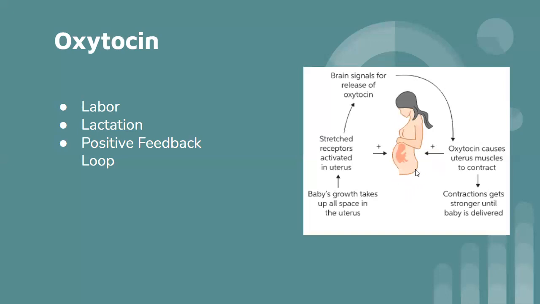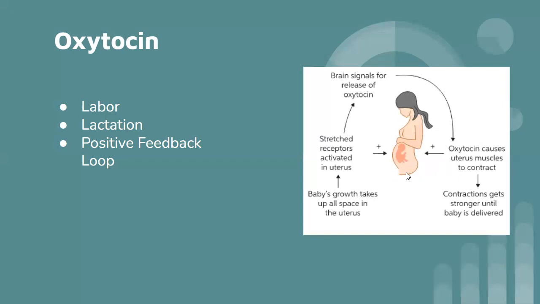So remember, this is a positive feedback loop. Now that the uterus has received this oxytocin, it's causing contractions to happen. Well, we need contractions to continue until the baby is actually born. So as contractions are occurring, the cervix is stretching even more, but we still need oxytocin to cause these contractions to happen.